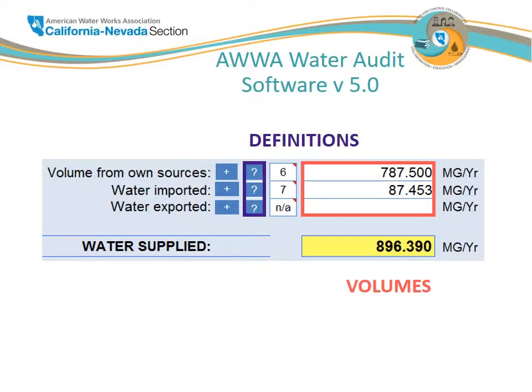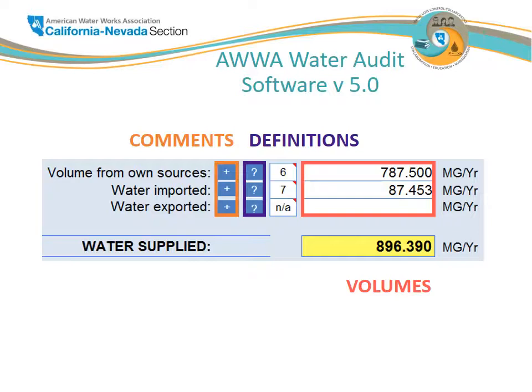You'll also see these blue action buttons with question marks. Those are going to hyperlink you to the glossary where the specific definition for each of those inputs will be highlighted. If you have any questions about what counts or doesn't count, what should be included, or what the official definition of any of those volumes is, that's the button for you.